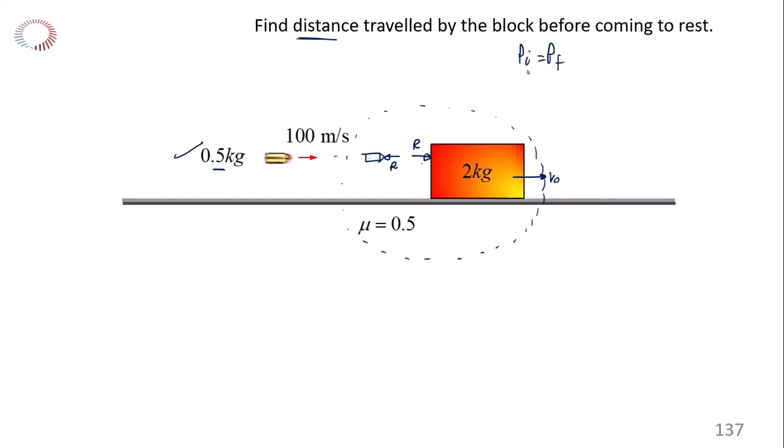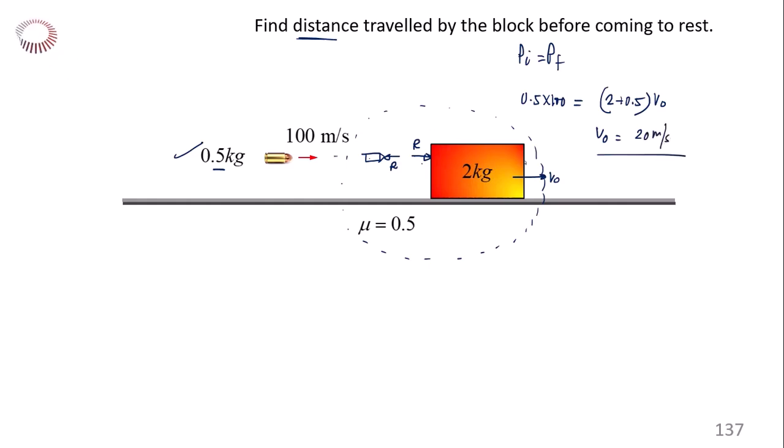The initial momentum is 0.5 into 100, the momentum of the bullet, and the total mass 2 plus 0.5 kg is moving with the velocity v0. From that, the value of v0 is equal to 20 meter per second.